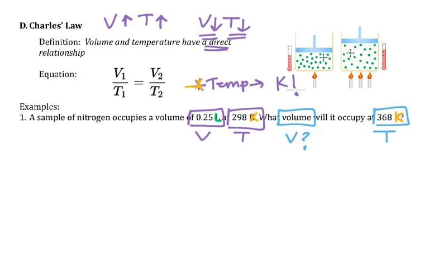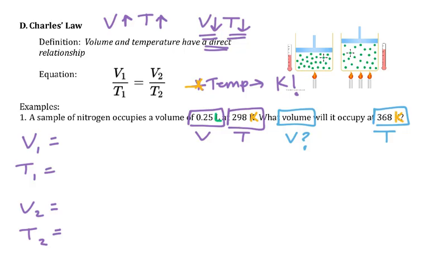As we're looking at this, it helps to identify those as you read the problem. Once I figure out what I have, I will write down volume 1, temperature 1, volume 2, temperature 2, just to make sure that whatever conditions go together, I match them up.